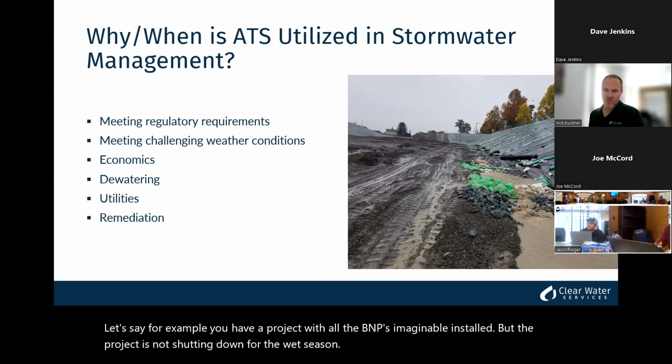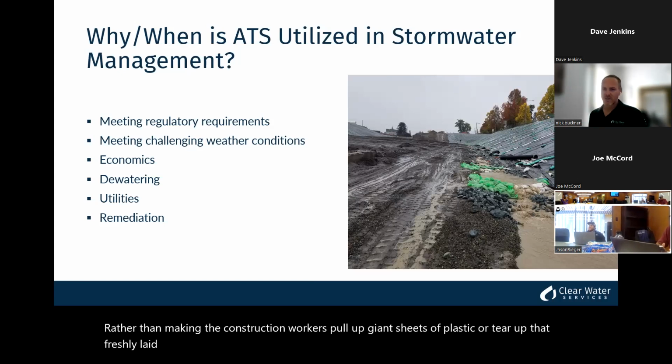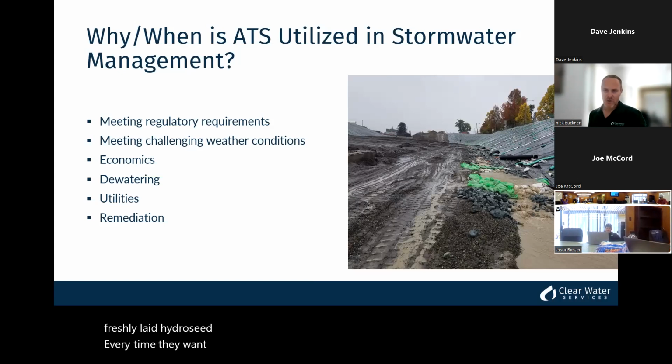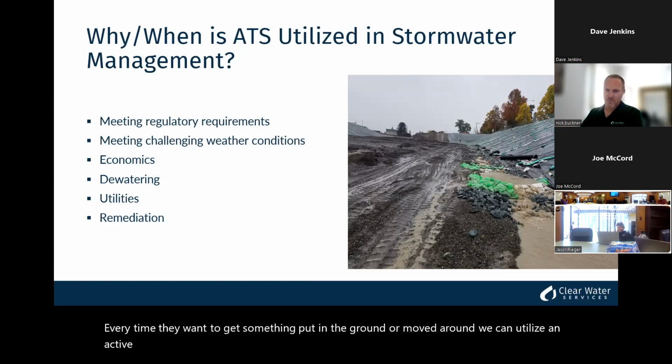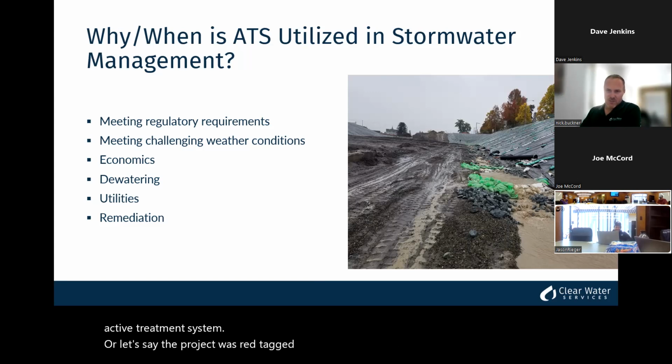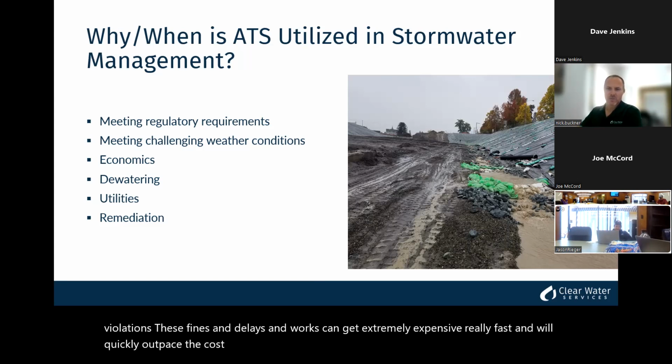Rather than making the construction workers pull up giant sheets of plastic or tear up that freshly laid hydro seed every time they want to get something put in the ground or moved around, we can utilize an active treatment system. Or let's say the project was red tagged by the city or the DOE for excessive water quality violations. These fines and delays in work can get extremely expensive really fast and will quickly outpace the cost of having a treatment system in place.